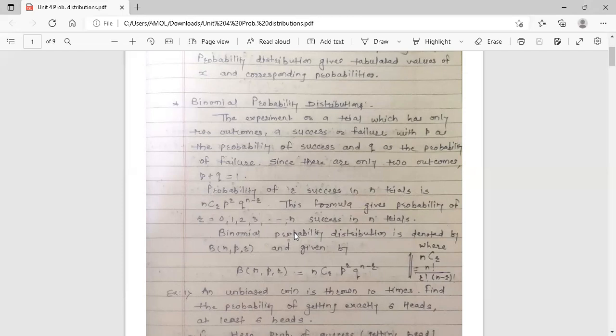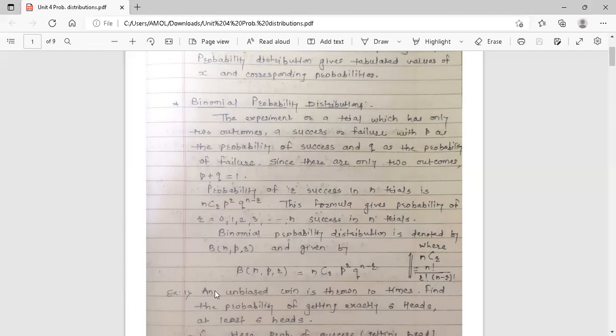The notation of binomial probability distribution is B(n, p, r), or you may write beta(n, p, r). n means number of trials, p means probability of success, and r means the number of times you are getting success out of n trials.